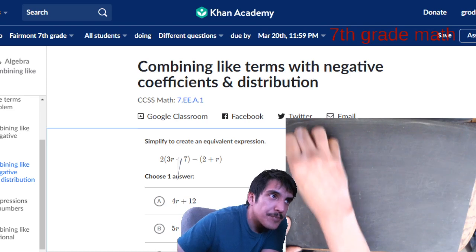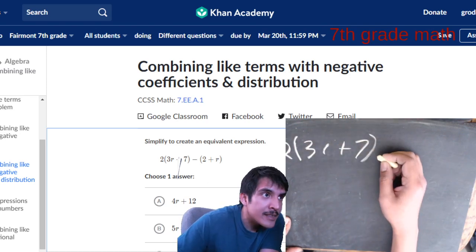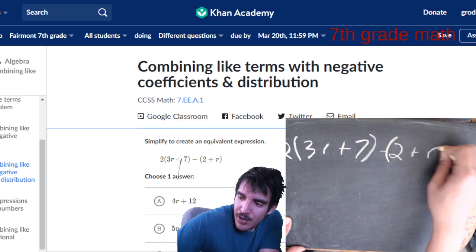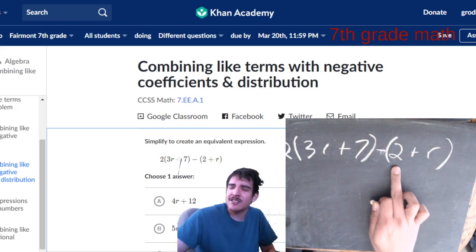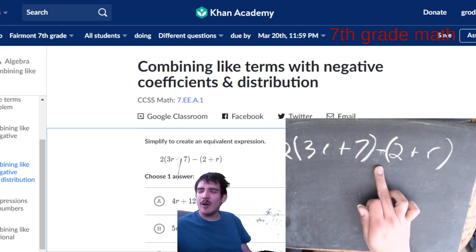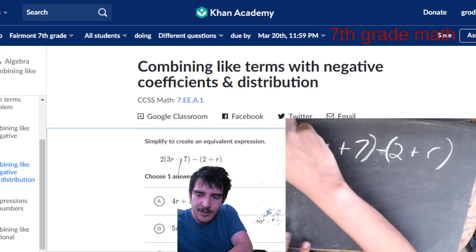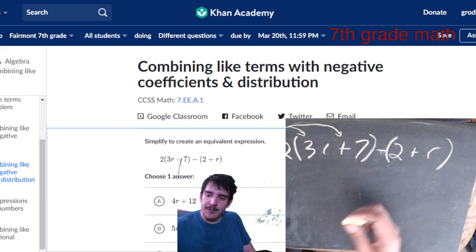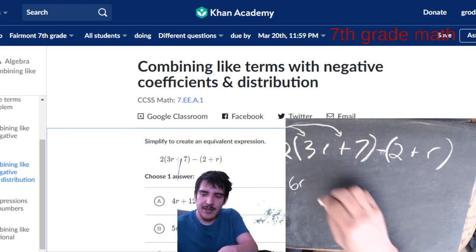2 times 3r plus 7, and then minus 2 plus r. Oh, this is a really good one because you see how it says minus 2 plus r? That means you're going to be taking away 2 and you're going to be taking away r. So let's use this distributive property. Let me show you what I mean. 2 times 3r, 6r. 2 times 7, 14.